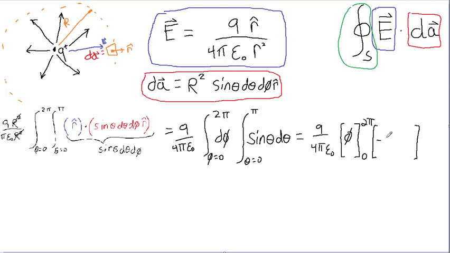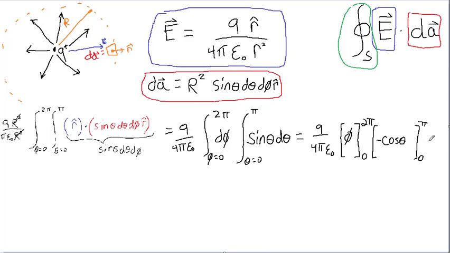So I'll say negative cosine theta, and then my range here is going to be subtracting negative cosine theta of 0 from negative cosine theta of pi. So those are just the limits. If you just see the mapping, I keep the starting point on the bottom, the end point on the top, and this just implies my definite integral.